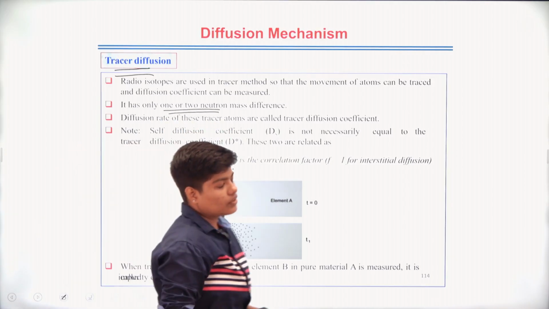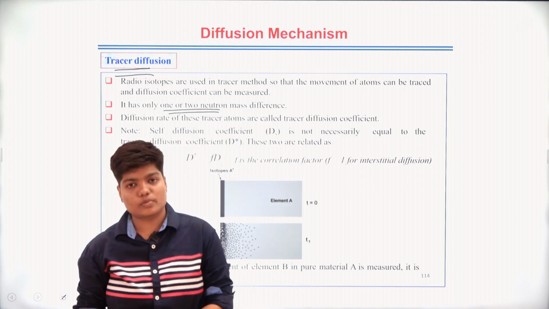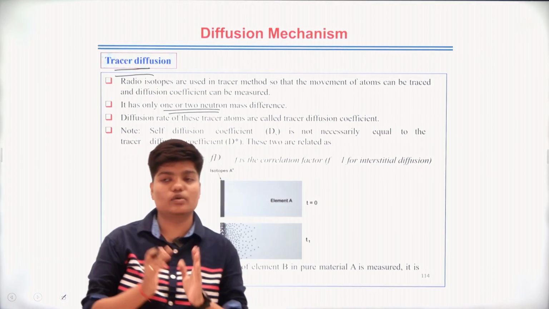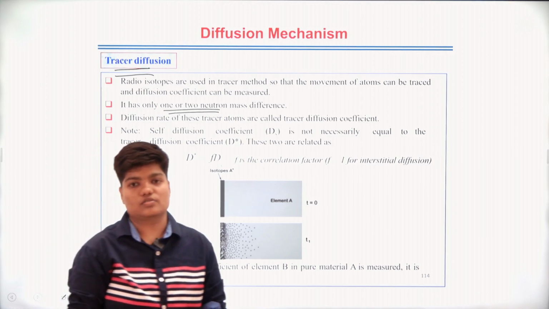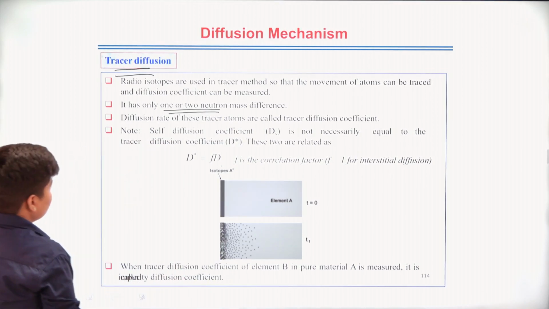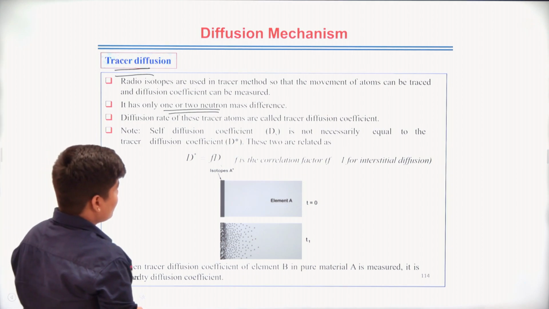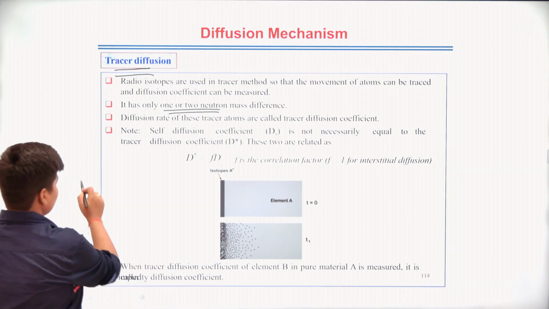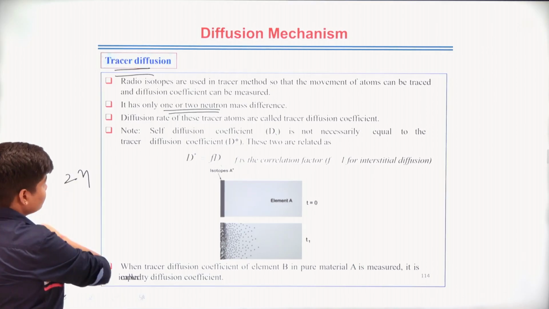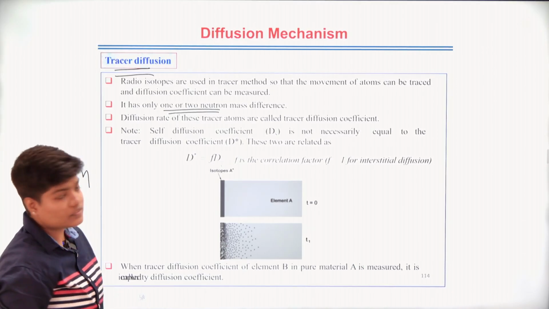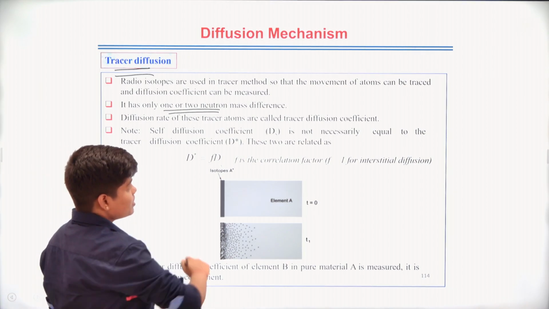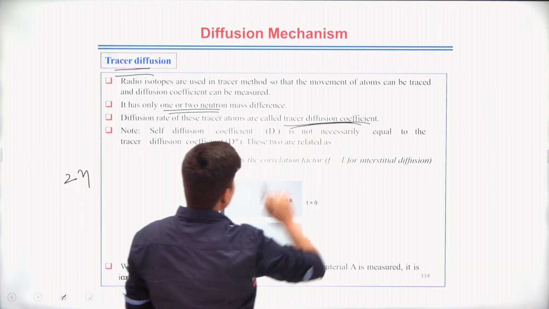Diffusion is the randomness of molecules, or the atomic mass transport of atoms. The diffusion rate of these tracer atoms is called the tracer diffusion coefficient, or D star.